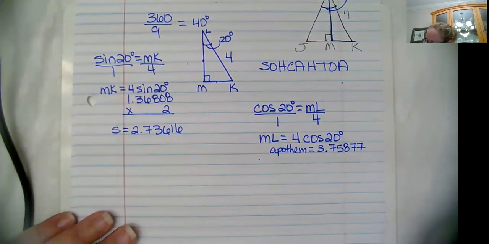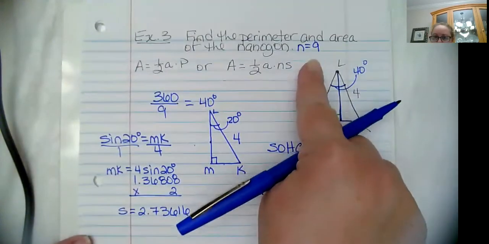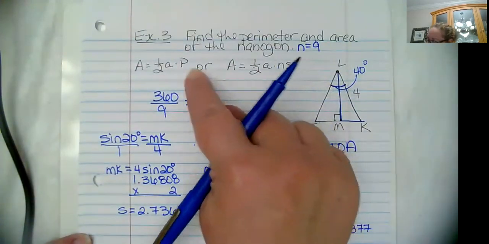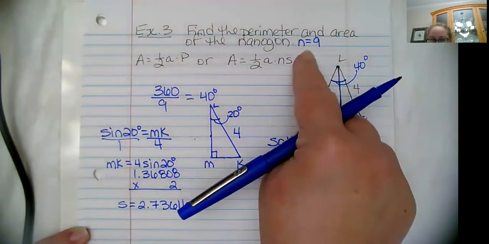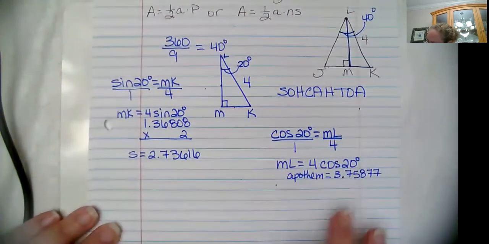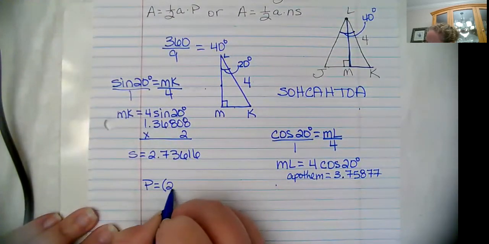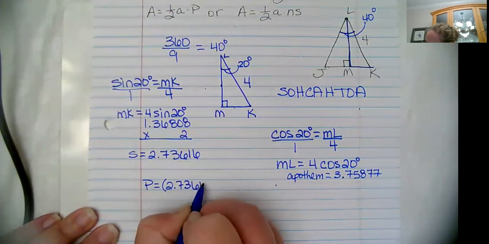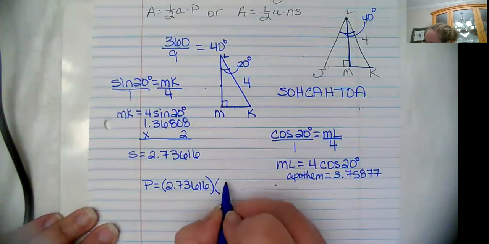So we can figure out our perimeter right away because our perimeter is our side length times the number of sides itself. So let's figure out our P. P is equal to 2.73616 times the number of sides, which is 9.